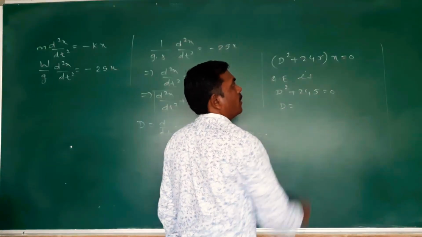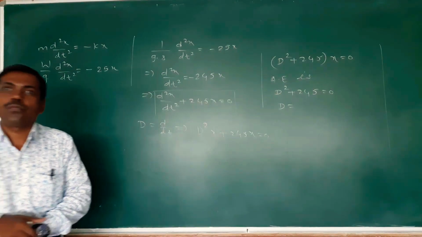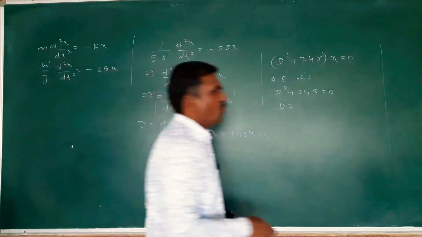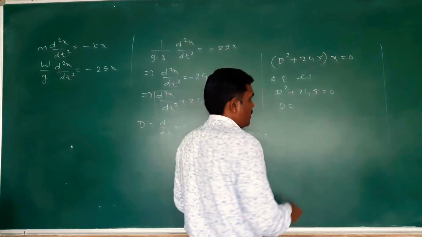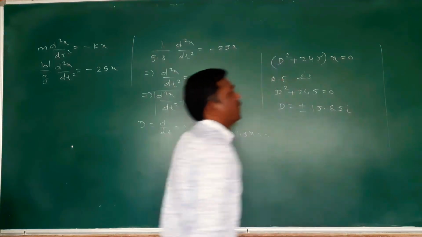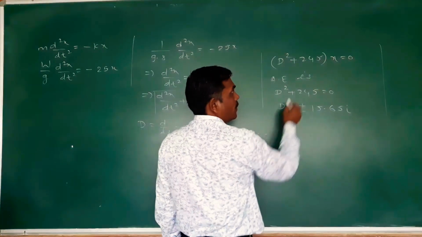So D is equal to plus minus root of 245. The square root of 245 is 15.65, so D is plus minus 15.65 i. This is the value of D. Write down the final answer. The complementary function is our final answer.